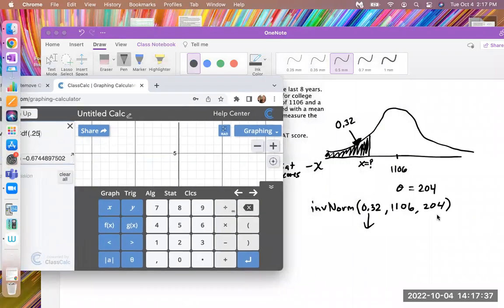So that's the instructions to use the TI-84. You just do second vars and then invNorm, put your 0.32 and 1106 and 204, and then you get your answer.